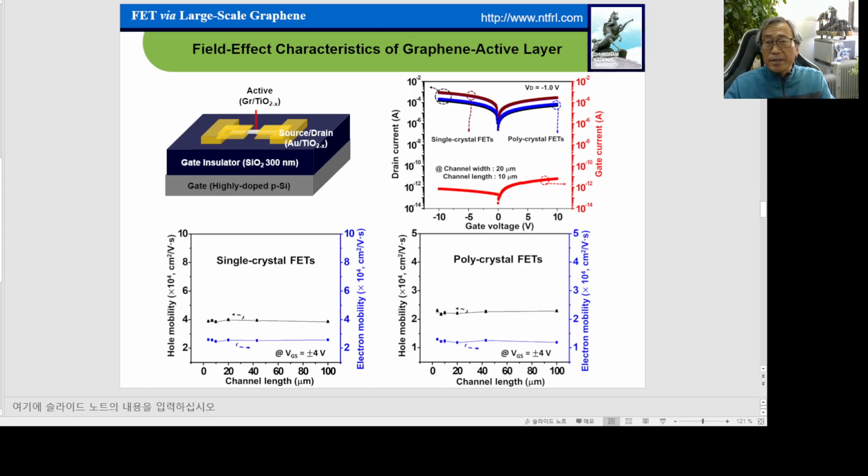The channel width and channel length of the FET are 20 micrometer and 10 micrometer, so this is a very small FET dimension. That means we can make this FET structure inside the domain, which is a single crystal, and across the domain boundary, that is a polycrystal FET. So we can separately prepare the single crystal and polycrystal FET structures like that.